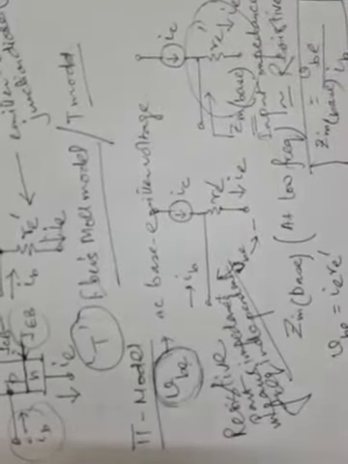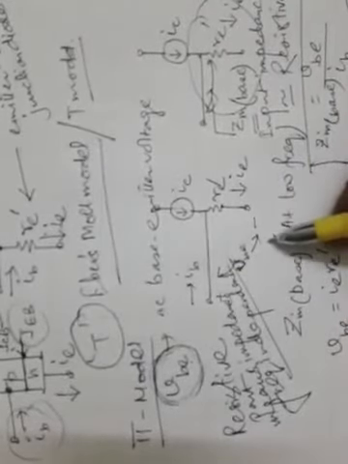The voltage between the base terminal and the emitter terminal, VB, is measured between these two terminals, and this VB is the quantity responsible for the current IE flowing through resistance RE dashed. So by Ohm's law, this AC base emitter voltage will be responsible for the flow of IE through RE dashed.